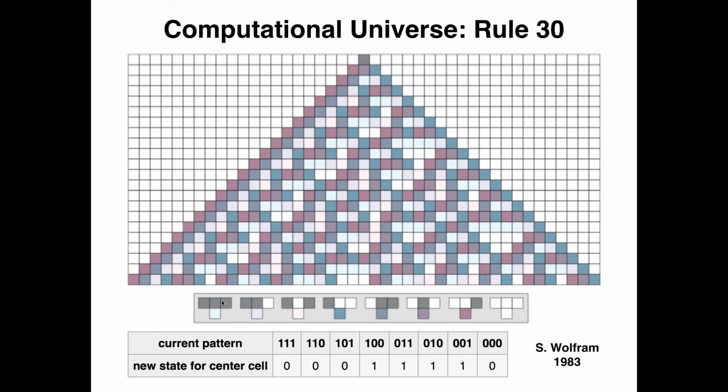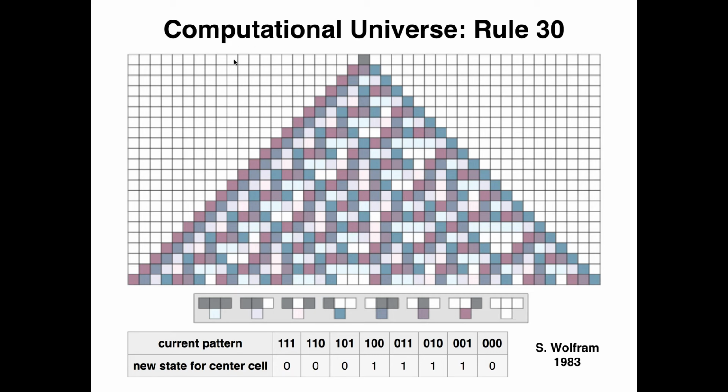And these are the possible triplets, like 111, 110, 101, etc. If you choose any one of these triplets, you can only have these 8 possibilities. Are you with me? And the rule defines what comes underneath this central one in the next generation.